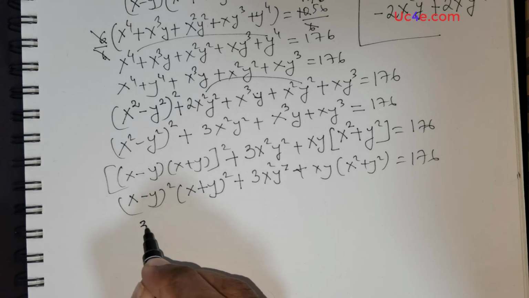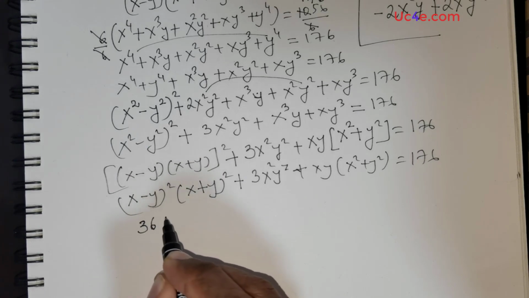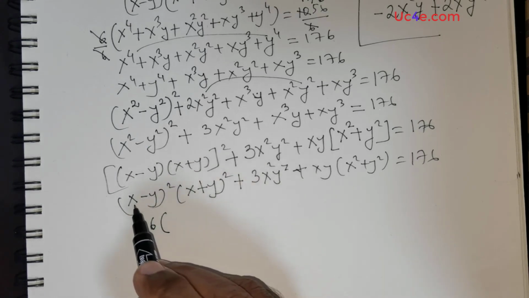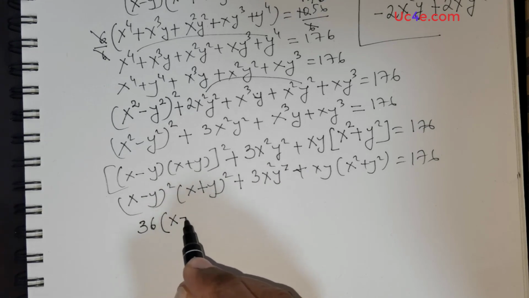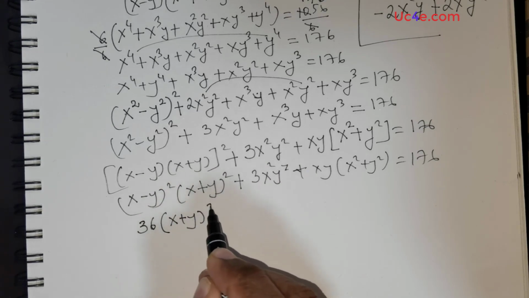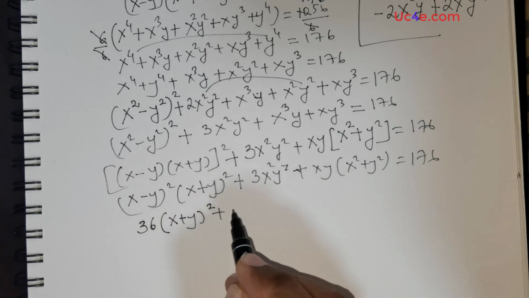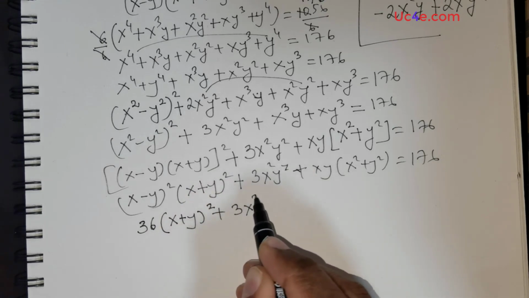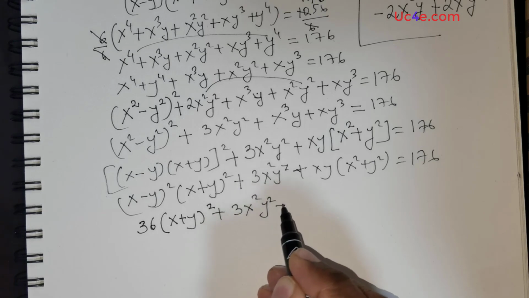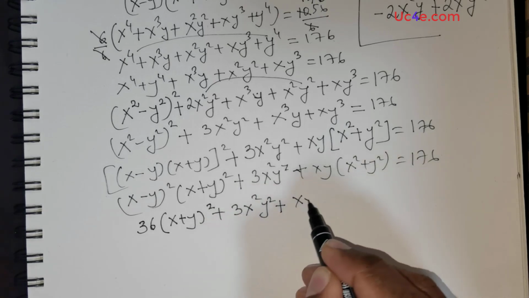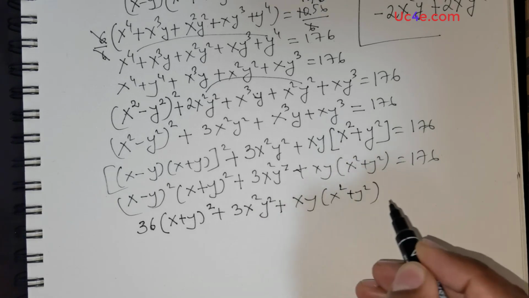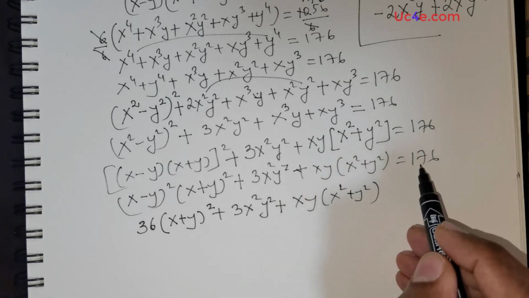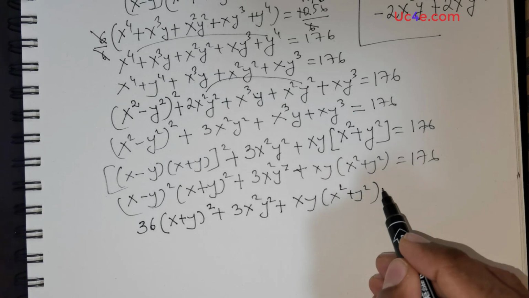So this is going to be 36 multiplied, because x minus y is 6, 6 squared is 36, times x positive y raised to the power of 2 positive 3 times x squared y squared followed by xy times x squared positive y squared. Now what I wish to do is I would like to bring 176 to this side.